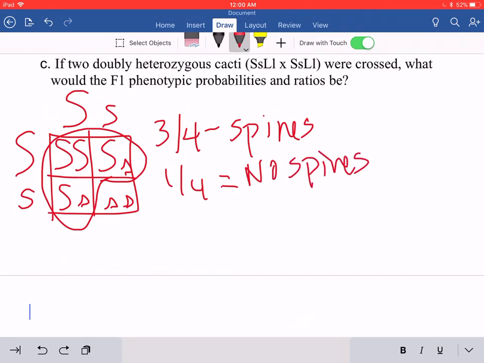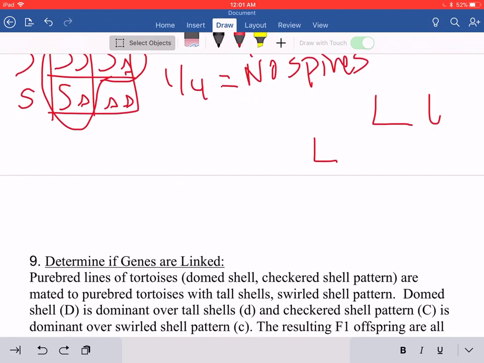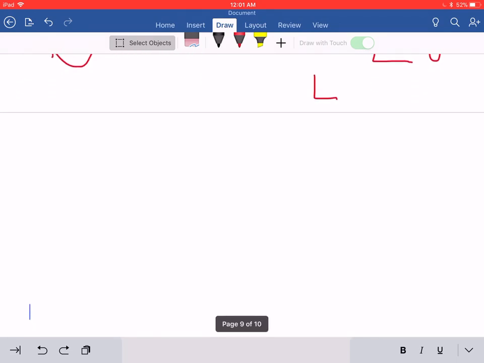Now let's look at the Punnett square for either long or short spines. So we have a big L, little l individual with a big L, little l. And let's move this down so it doesn't get deleted.